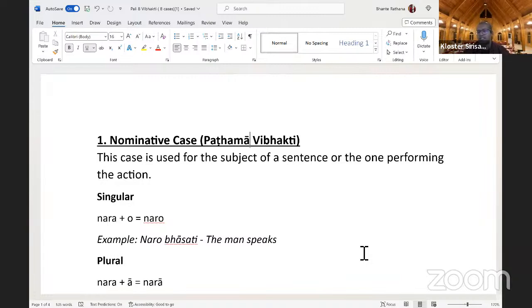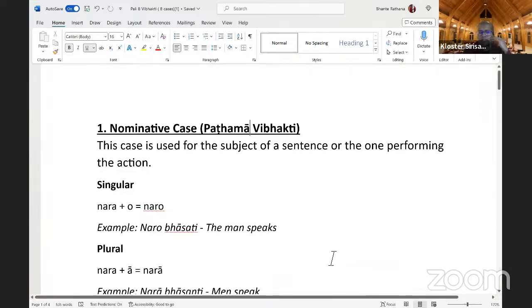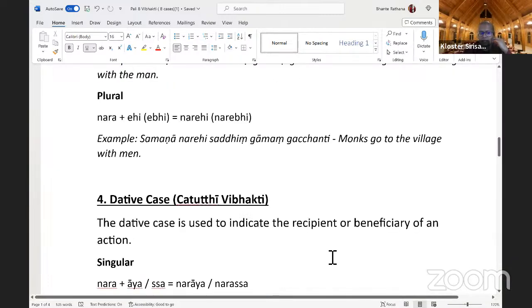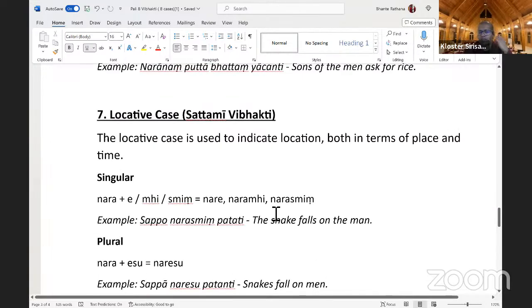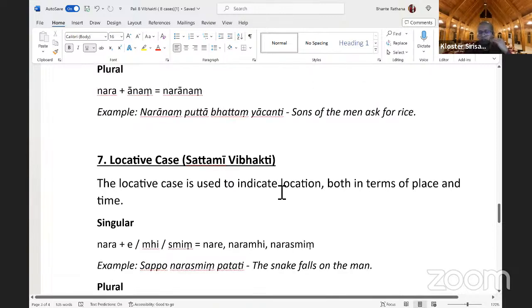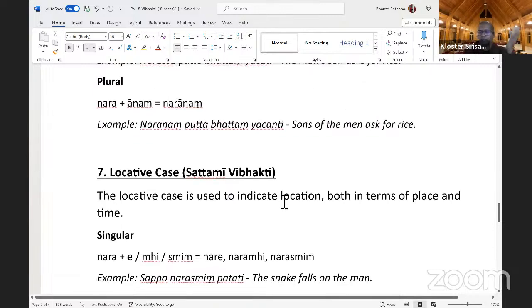Sometimes some things are unclear because of these examples. But all the time, the seventh case, Sattami, we use to mention the location. So where we live, where we go, where we stay, the location.